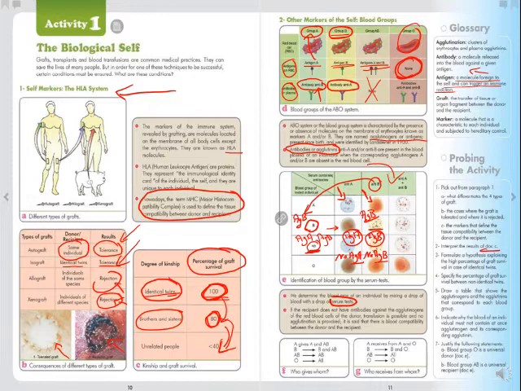If you have antibody A, there is no antigen A. If you have antibody B, there is no antigen B. So it's called the universal donor. Blood group O individuals can donate to all blood groups, while blood group AB contains no antibodies, so it's called a universal recipient.